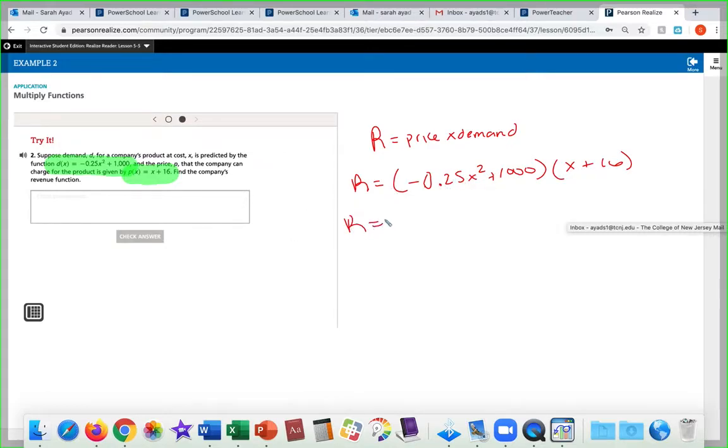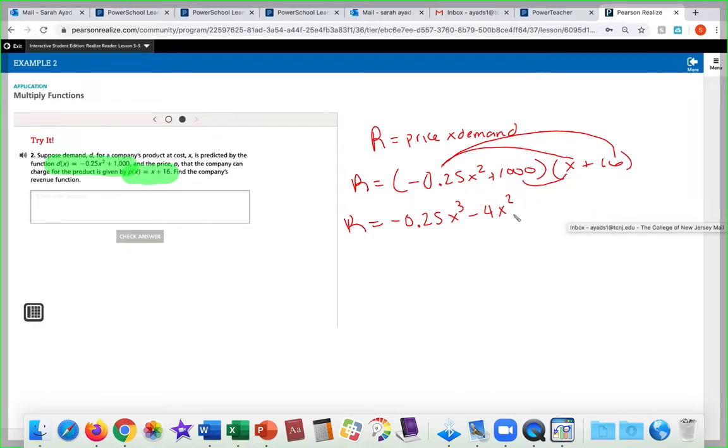So now we have a binomial multiplied by another binomial, so we know we're going to FOIL. So negative 0.25x squared times x is negative 0.25x cubed. Negative 0.25x squared times 16 is negative 4x squared.